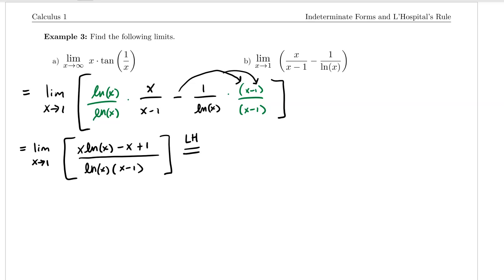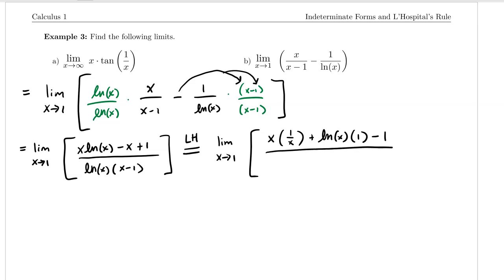For my numerator, I'm going to need product rule. So I have the first function times the derivative of the second function plus the second function times the derivative of the first function. Then I'm taking the derivative of negative x, so that's going to be minus 1. And the derivative of plus 1, that's a constant, so that derivative would be 0.